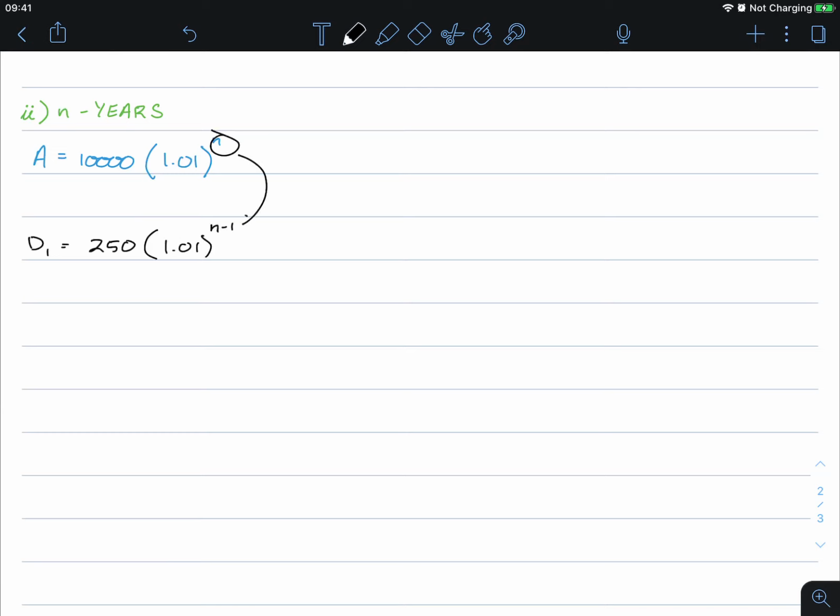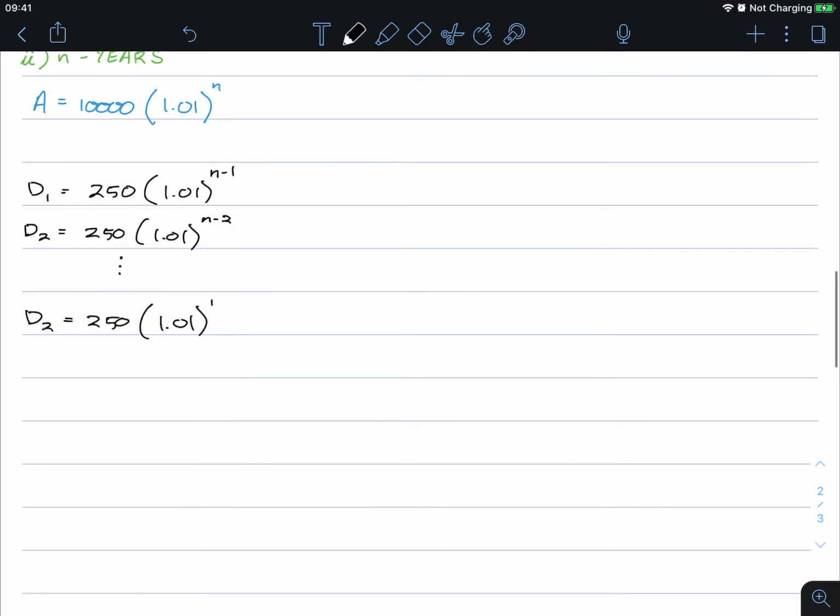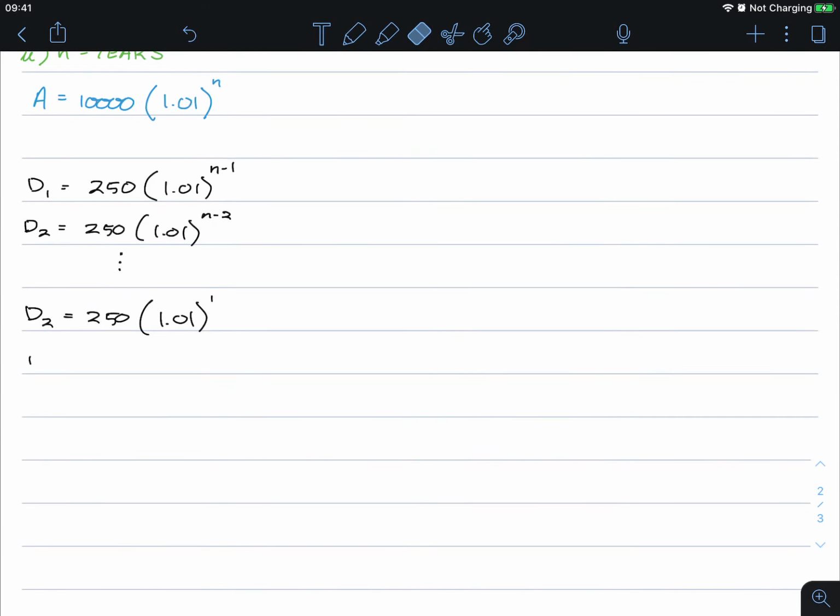It was always 1 less than this because it's 1 month after they make the first payment. The second payment, it's n minus 2. This keeps going until we get to the power of 1. And on the last month, it's just the value of the 250.